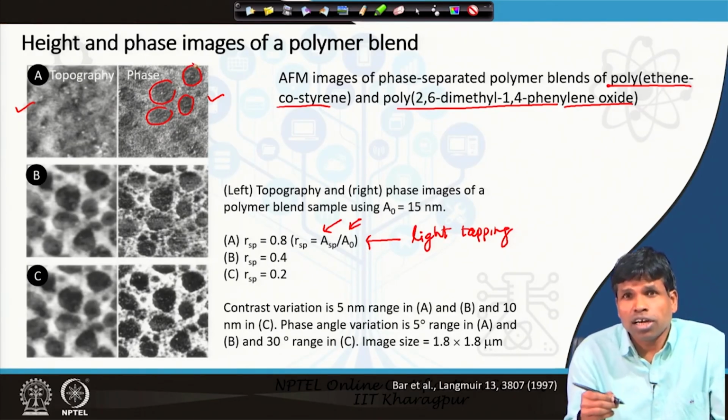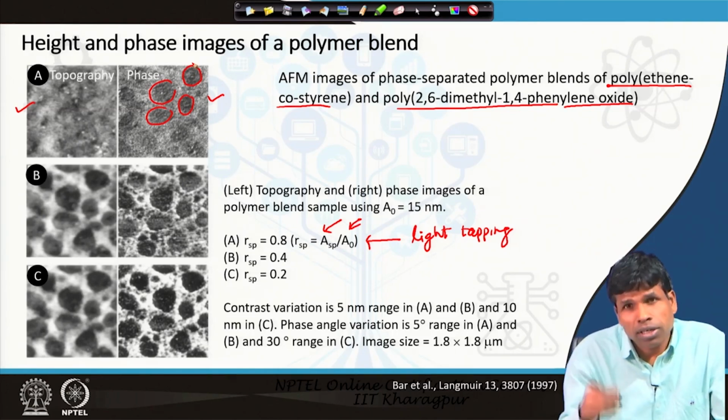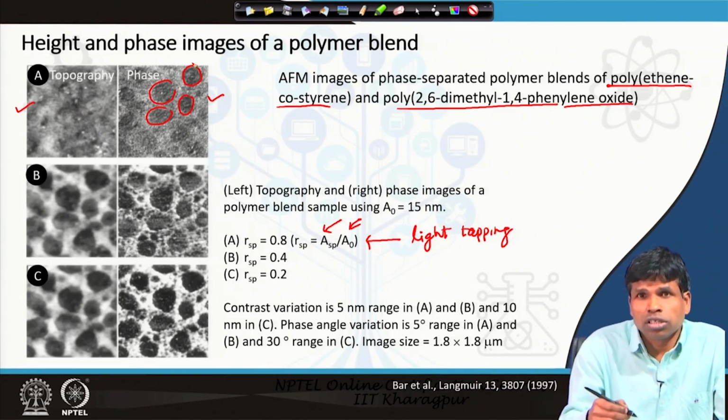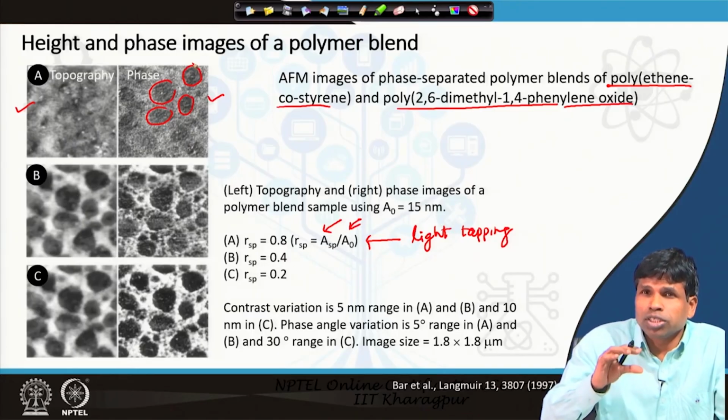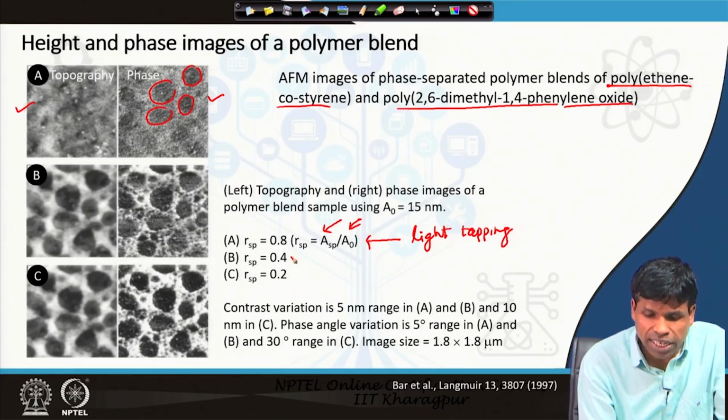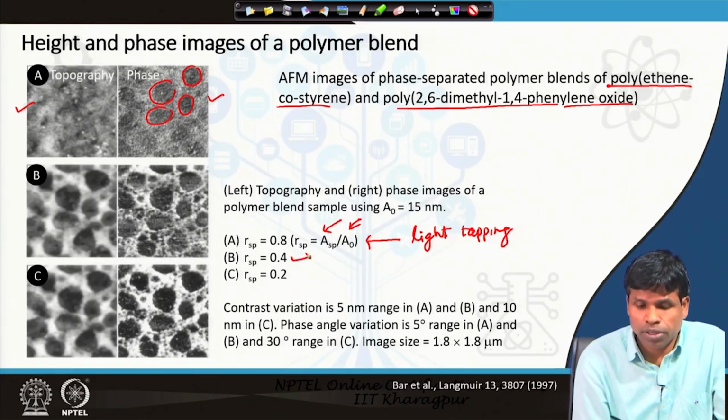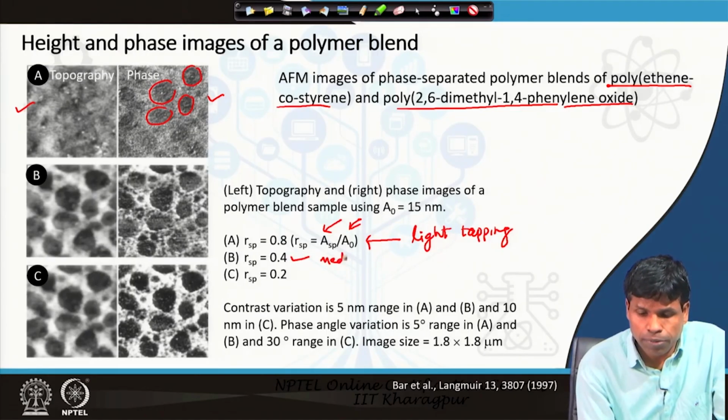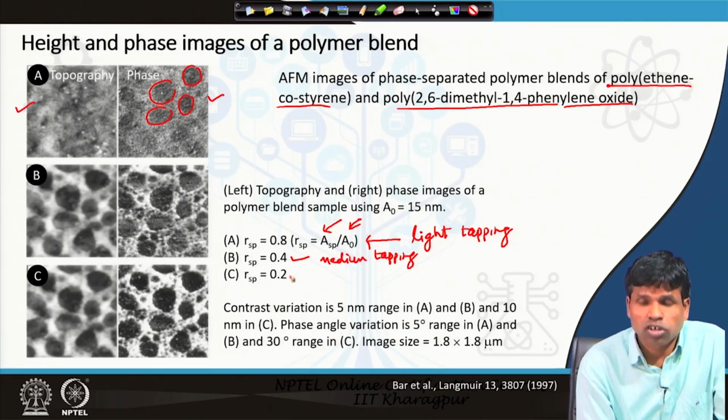But if we increase the tapping force by reducing the amplitude, as you can see, it is a medium tapping. When the RSP value is very low, it is normally less than 0.4.